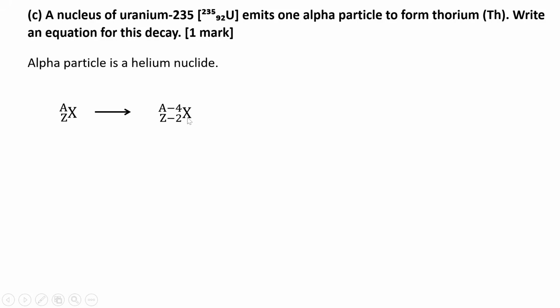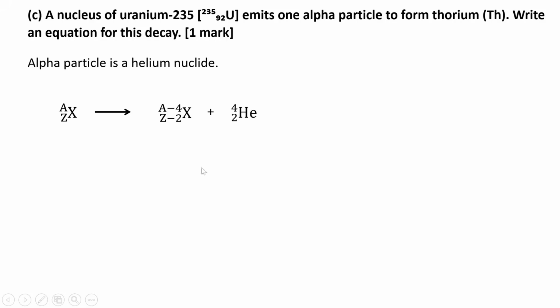Sorry, I didn't put X, it's supposed to be Y. The daughter's atomic mass would have reduced by 4, so you get the atomic mass of the parent minus 4. The atomic number of the daughter is the atomic number of the parent minus 2. Then plus an alpha particle, which can be represented by a helium nuclide.